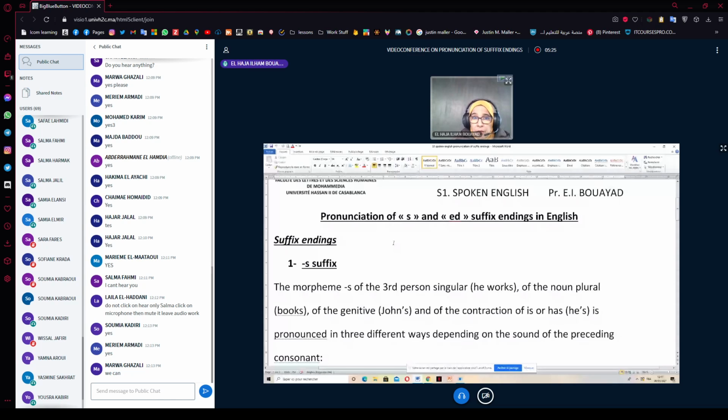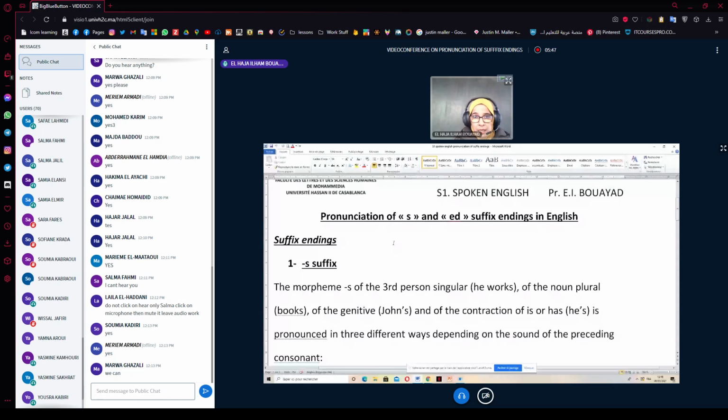So we have free morphemes and we have bound morphemes. When I say cats, if I divide this word into its parts, I would obtain cat and the s sound. So cat in here is the free morpheme.